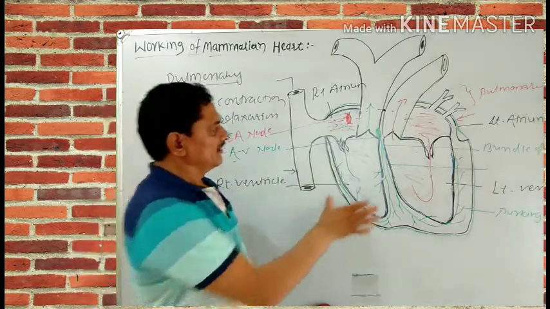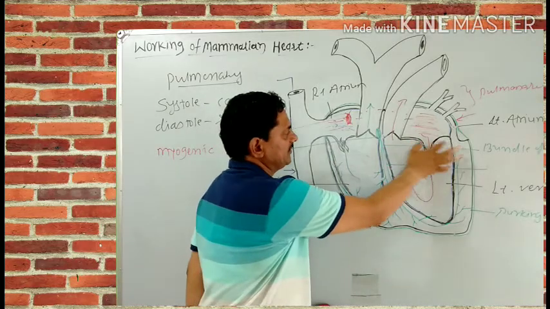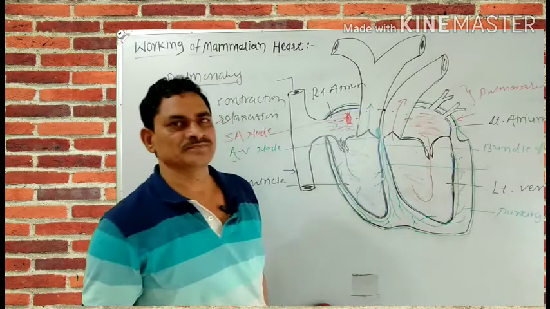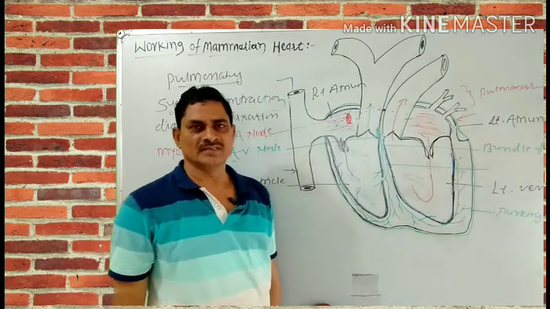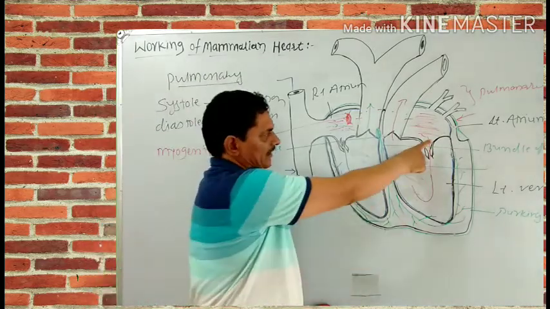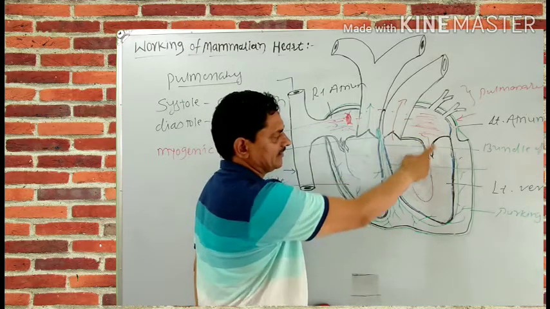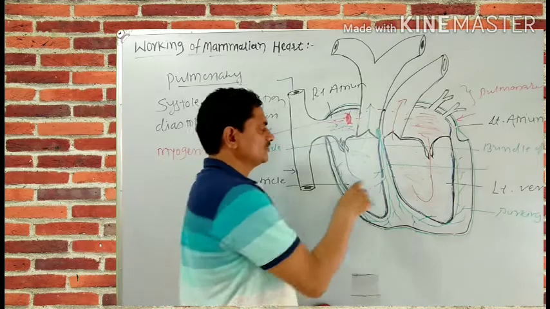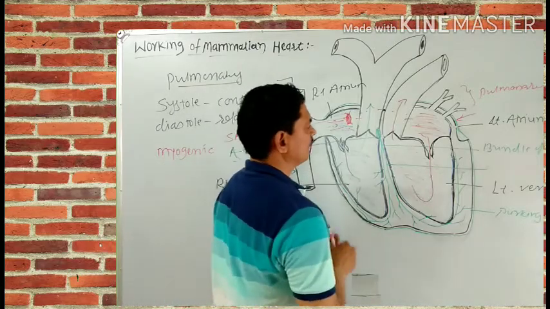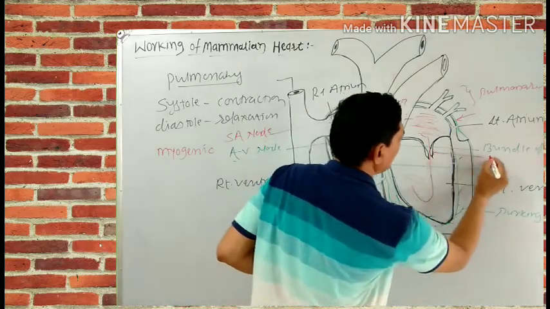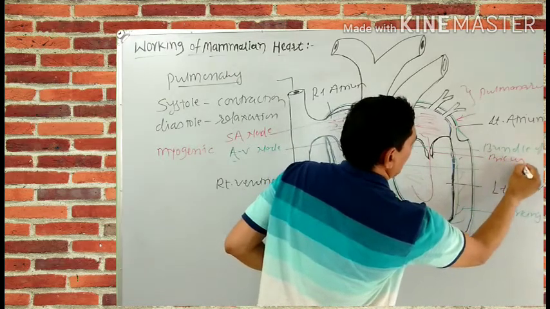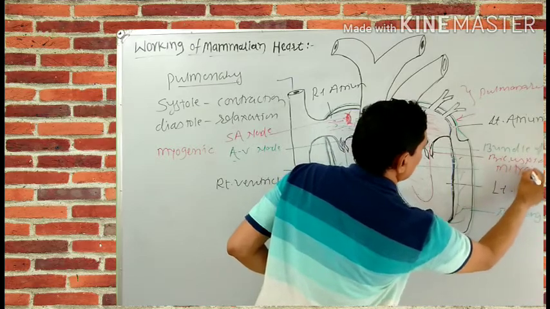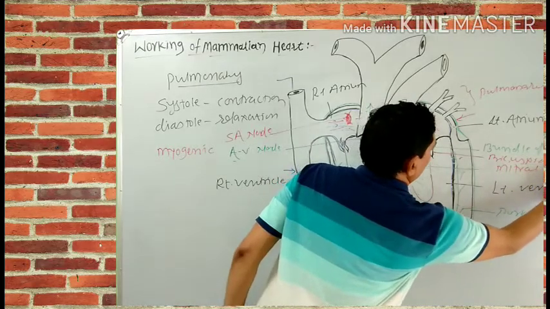So in between the atrium and ventricles, there are valves. In between the left atrium and left ventricle, there is a valve. This valve is called the bicuspid valve, or the mitral valve.